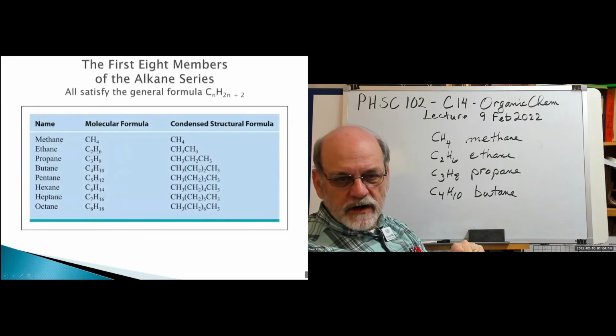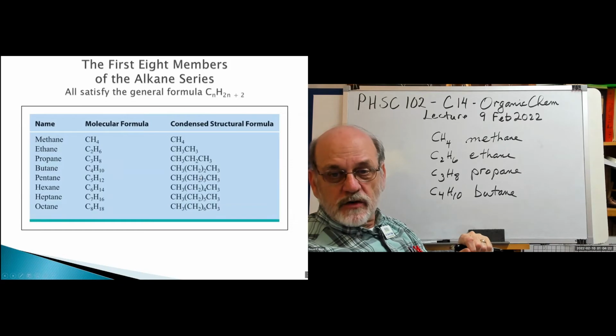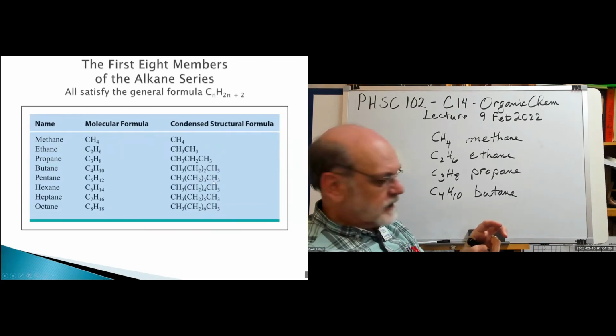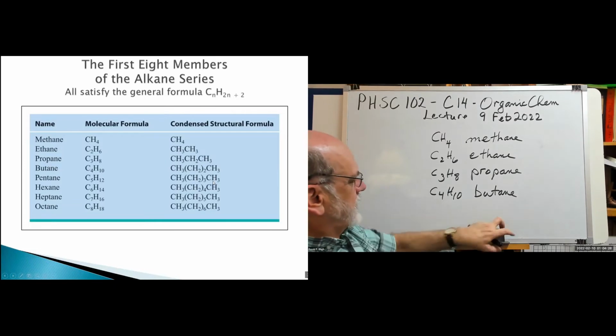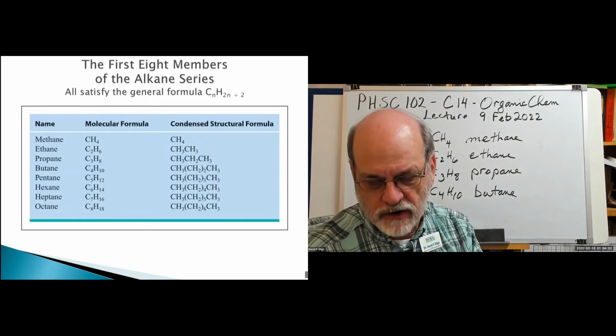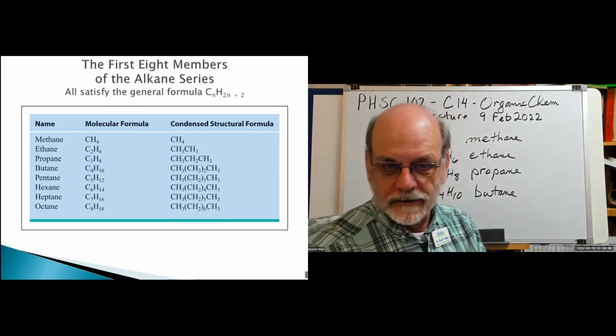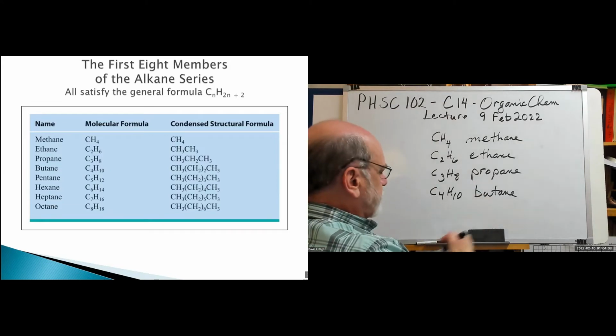Okay, so here's a list of some of them. Let's see, 4, 5, 6, 7, 8, up through octane, this list. And it shows a condensed structural formula. So what do we mean by that? Well, that just means that we're showing some of the structure, the characteristics of the alkane. So let's take butane.